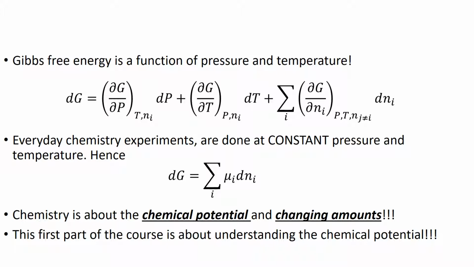This is why we are going to focus on the chemical potential on the course. And as you will see shortly in the next lecture, that Gibbs-Duhem equation that we derived is going to become really important so that we understand what this chemical potential variable is.